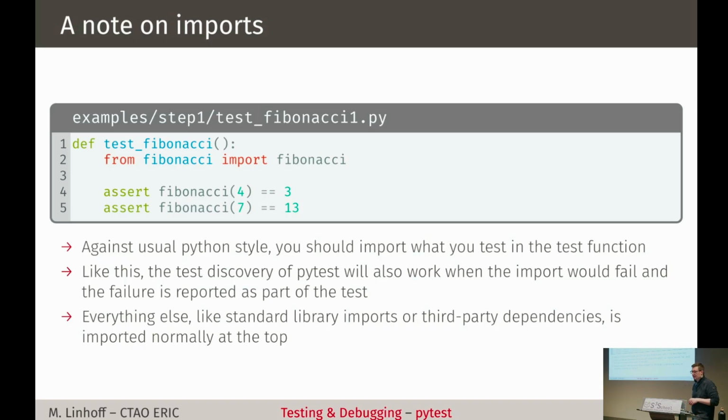If you put it at the top, then the code in PyTest to collect all your test code would fail because it imports your test modules to look for these test functions. And if already the import at the top fails, then this collection mechanism fails and not the individual test. So if you put the imports of what you are testing inside of the test code, the collection of PyTest works, but then the individual test will fail if the import is not possible or not found, or there's some code that breaks the import.